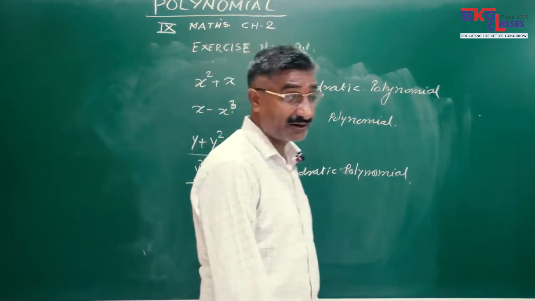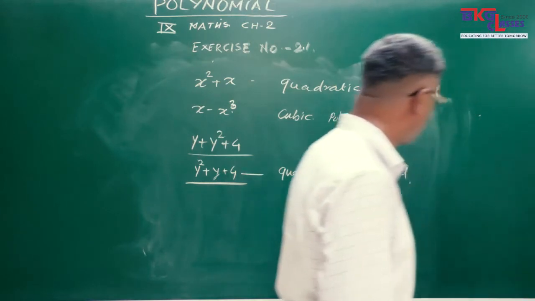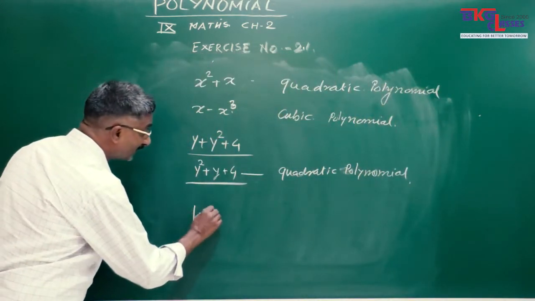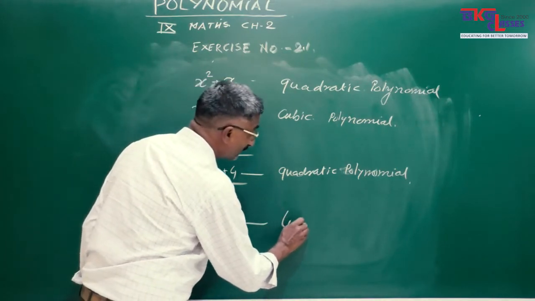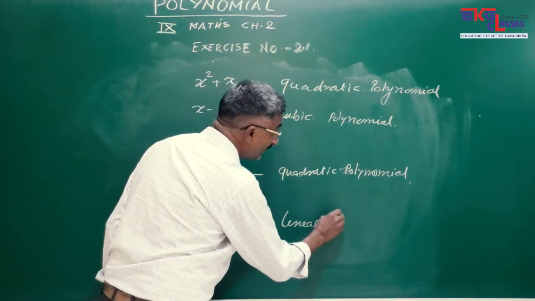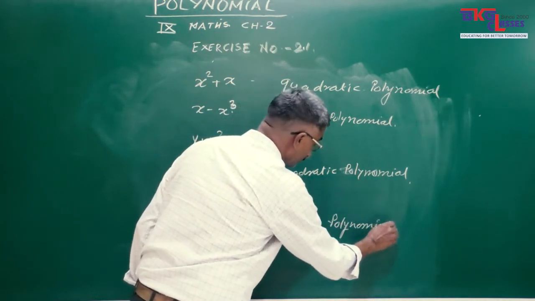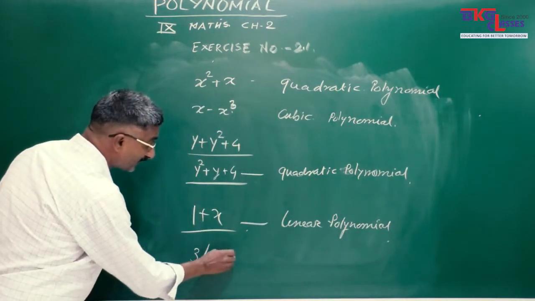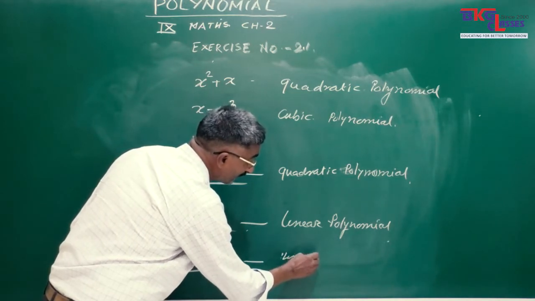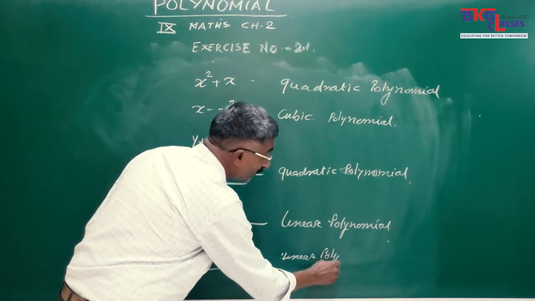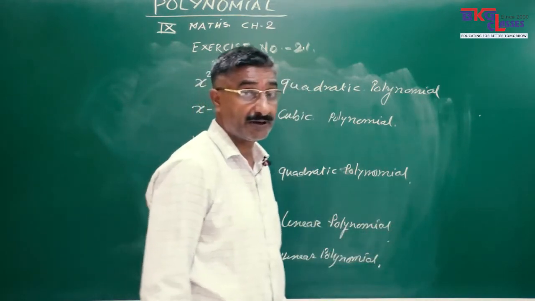This is a quadratic polynomial. Next one, 1 plus x, and 3t. 1 plus x, 3t. This is a linear polynomial. We can also say plus 0, so this is also a linear polynomial. Okay.